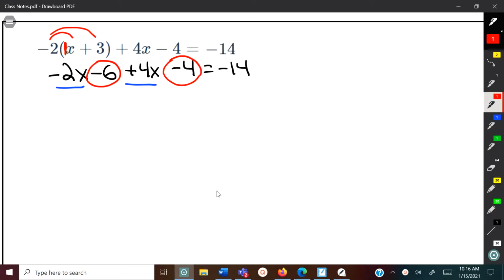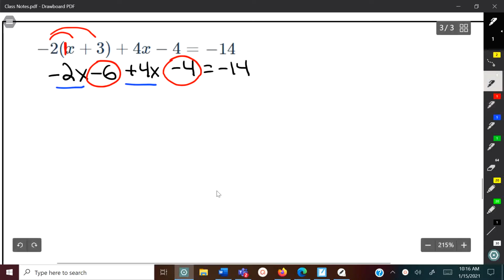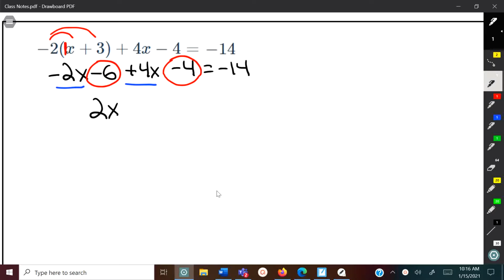Okay, now I'm going ahead and combine like terms here. 4 plus a negative 2, you got different signs, find the difference. And so you get a positive 2x. Then negative 6 and negative 4, same sign, find the sum. You get 10, and it's a negative 10.